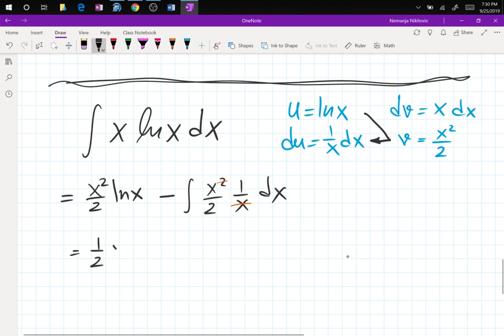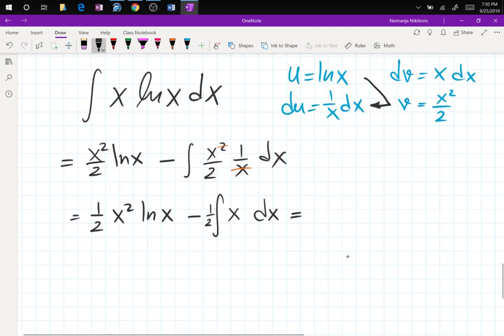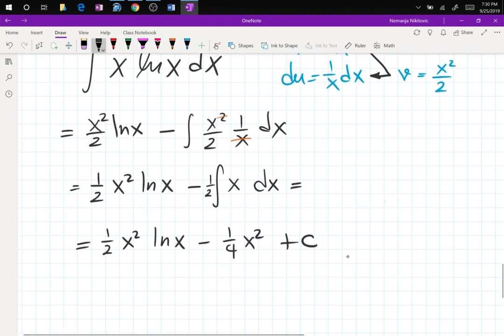And you have 1/2 x squared ln x minus the integral of, well, kick a 1/2 outside, of x dx. And as you can see, you can do it now, right? The 1/2 x squared ln x minus 1/4 x squared plus c.